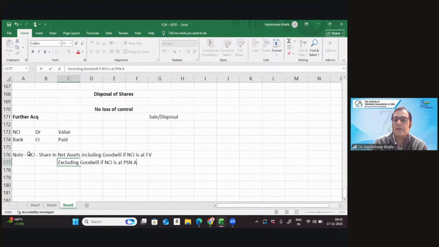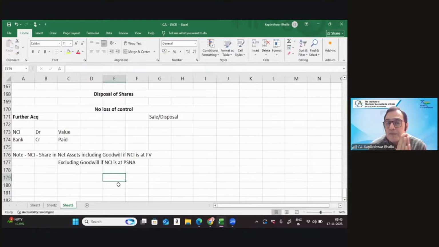So you need to be careful when you're doing the calculations of this entry. You need to be careful whether the NCI is given a debit or maybe a credit on disposal. And that all depends upon whether we take the net assets including goodwill or not.